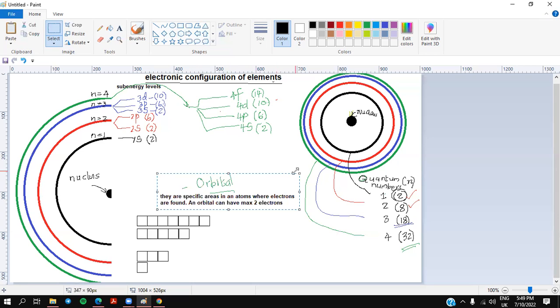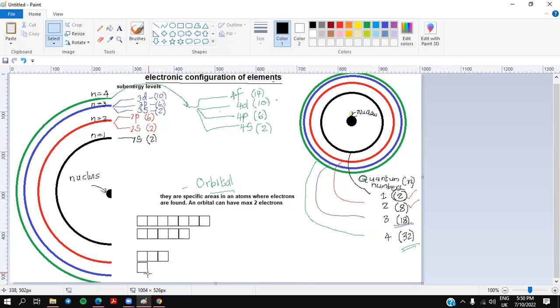Therefore, let us go to the s sub-energy level. S sub-energy level has only 2 electrons. These electrons are arranged in orbitals. An orbital can have 2 electrons. So the S sub-energy level, because it has 2 electrons, has only one orbital.